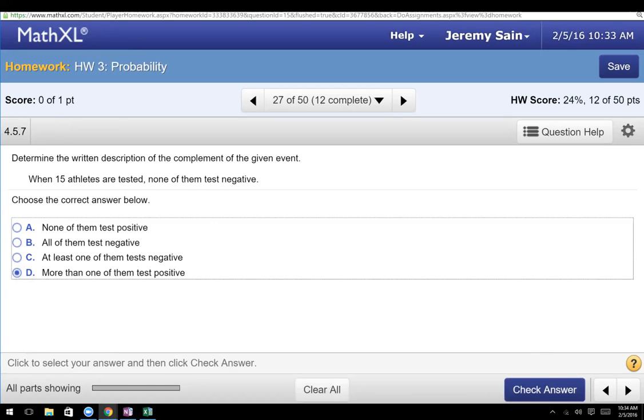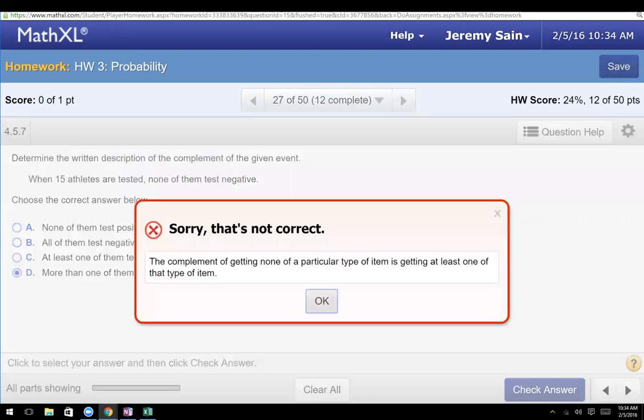I would say at least one instead of more than one, but that's closer than any of the other ones are. Well, C says at least one test negative. Does it have to be something that's positive? Complement.